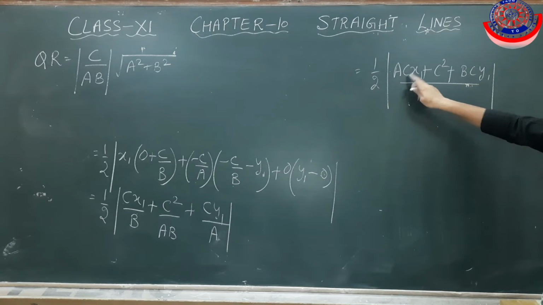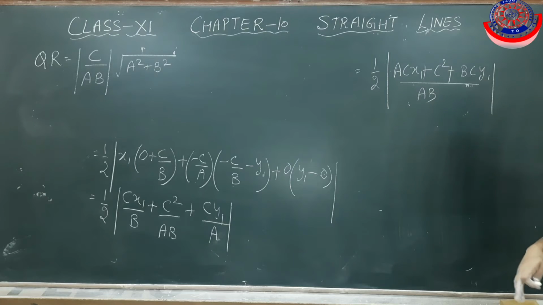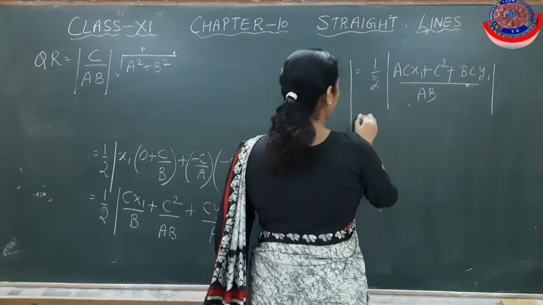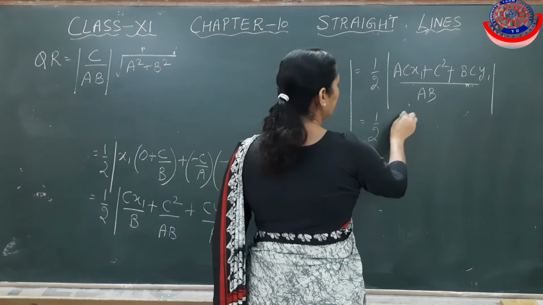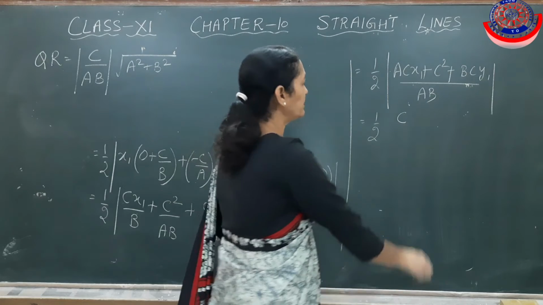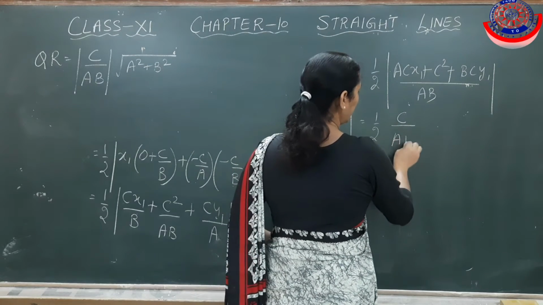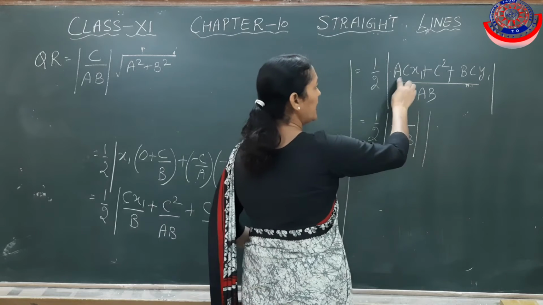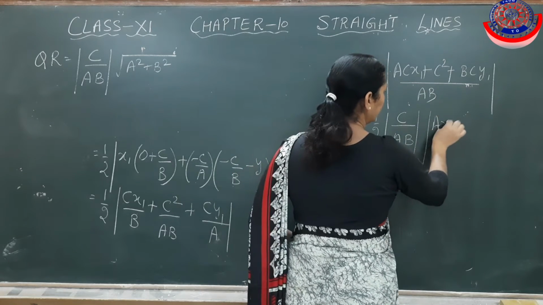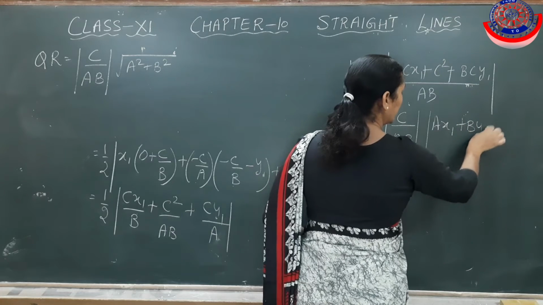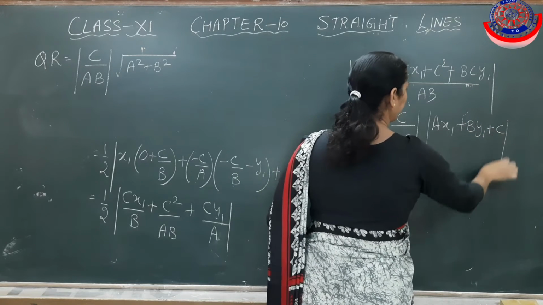Now as you can see, one c can be taken common from all the terms. Half c taken out. Then this ab will also be taken out, c upon a. Then what are we left with? a x1 plus b y1 plus c.